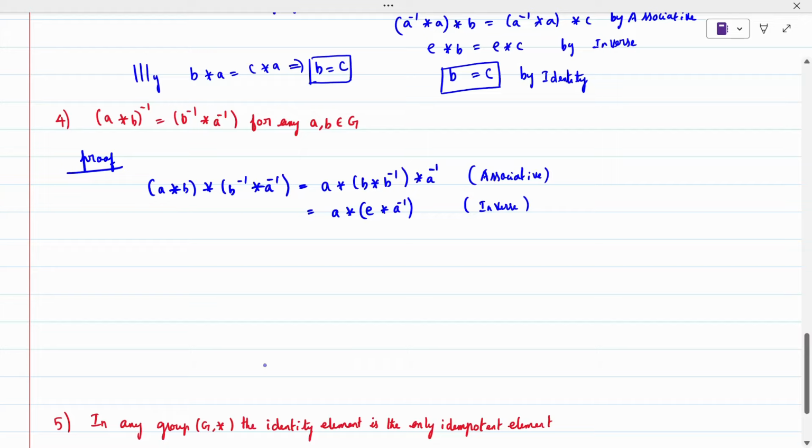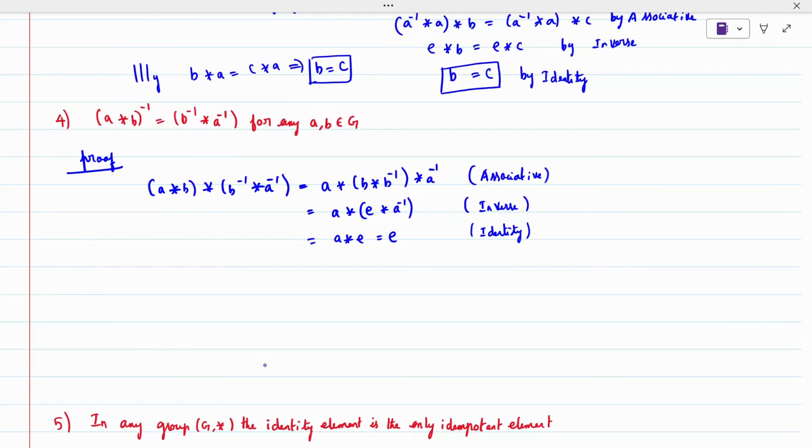Now E star A inverse is nothing but A, again by identity. Both times identity. A star E is A. So now I have proved it is E.